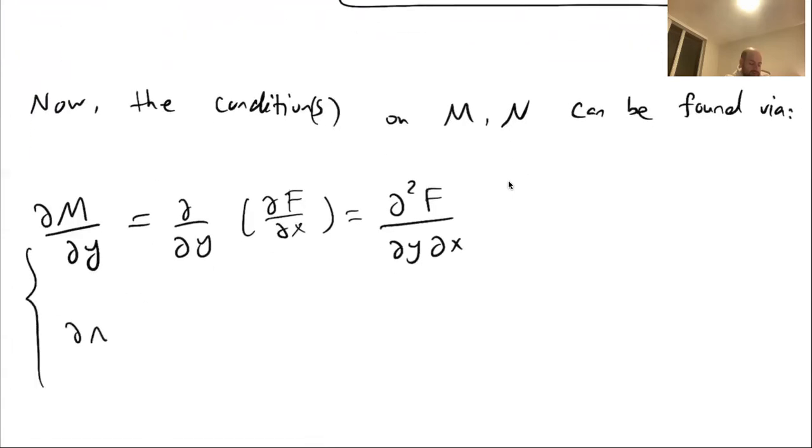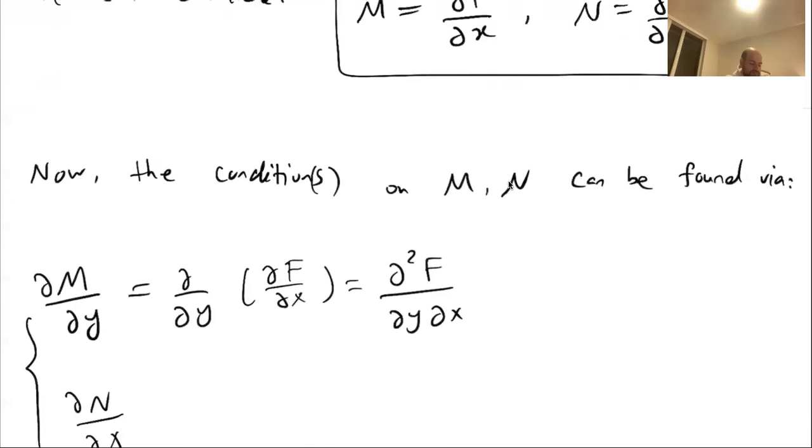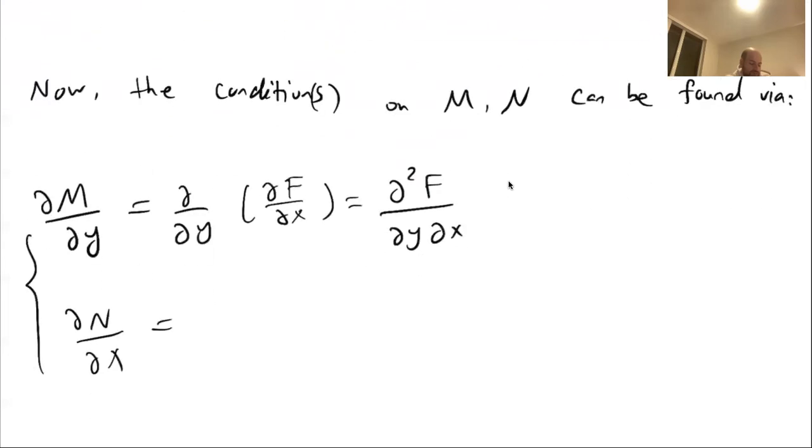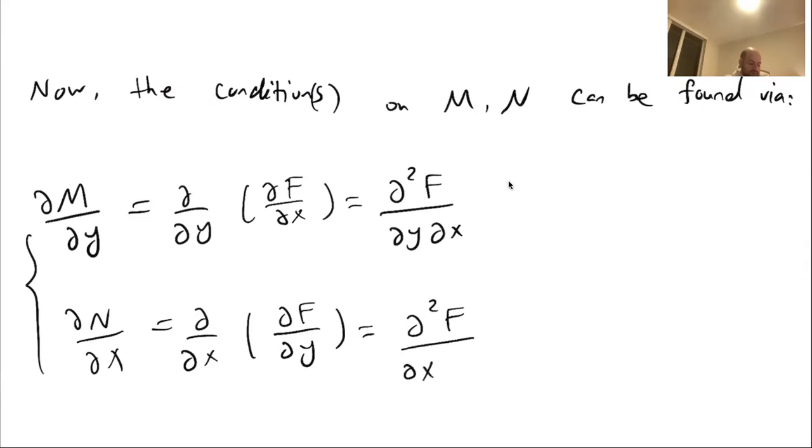And dn to dx will be d to dx of df to dy, and this is d squared f to dx dy.